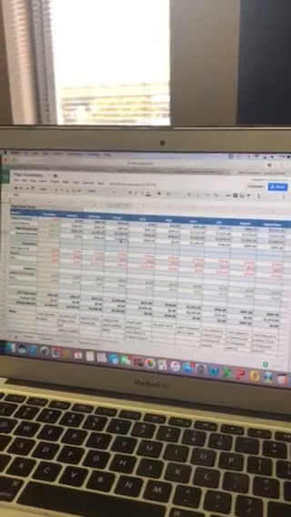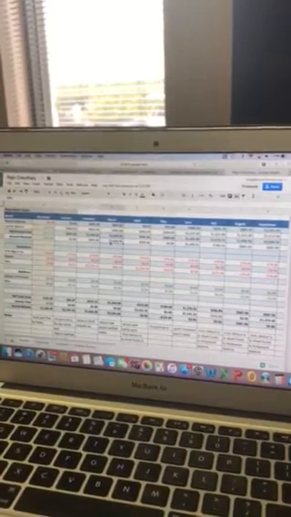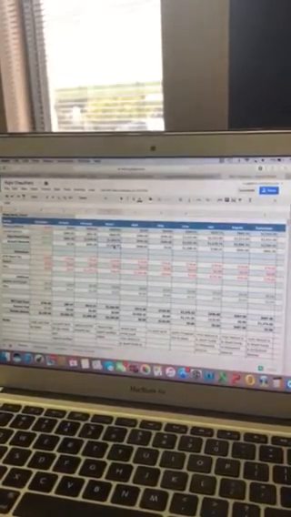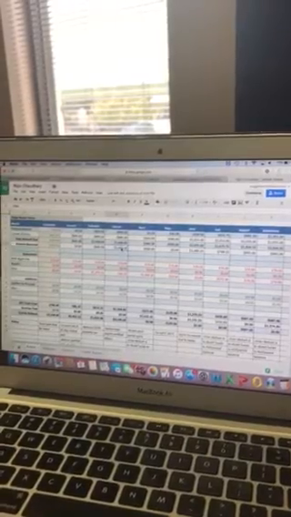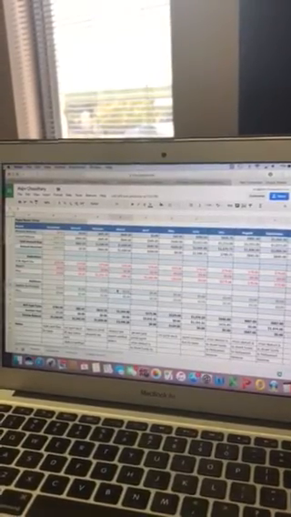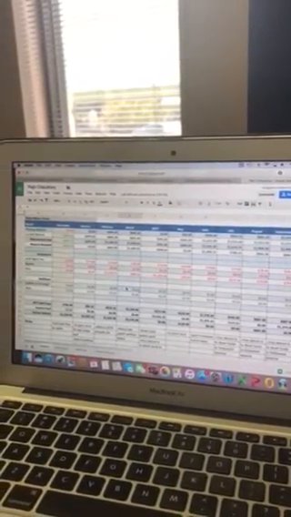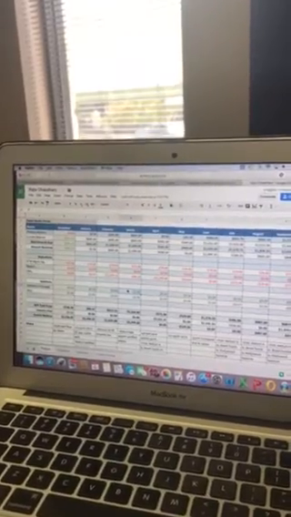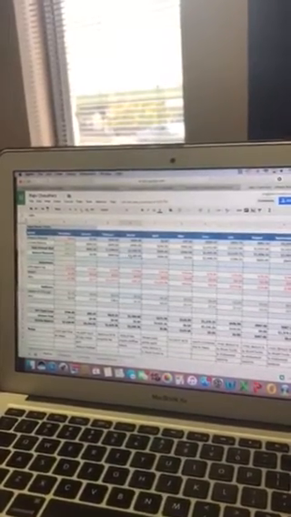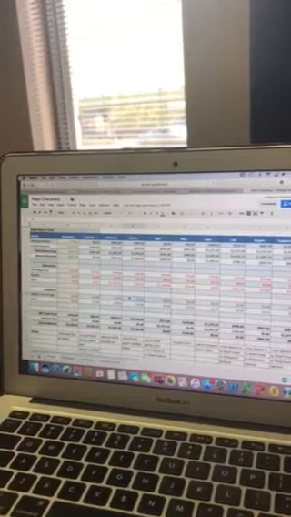If they paid an additional dollar, I wouldn't put that they paid $1,691. I would put $1,690 is what they were due and what they paid. The extra dollar they paid will go right here under addition to principal, because technically it's a principal payment. So don't put it up here, put it under addition to principal.